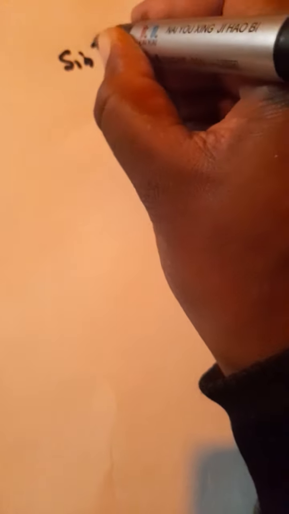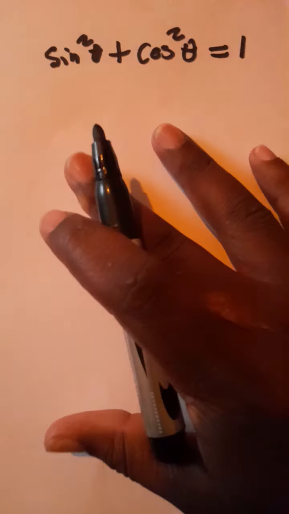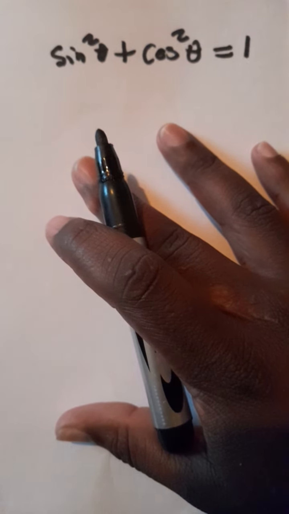Identities are very useful in trigonometry, especially when we are dealing with proofs that require identities, as well as when we are simply simplifying a trigonometric expression. Consider this identity: sine squared theta plus cos squared theta is equal to 1.